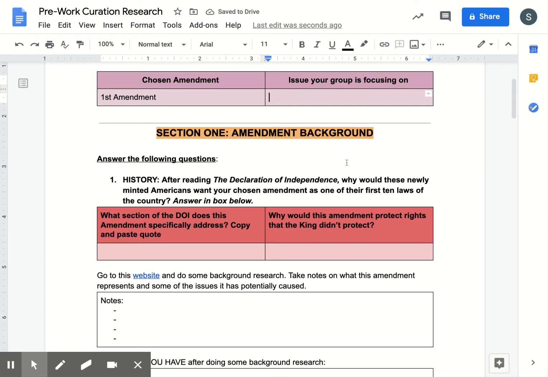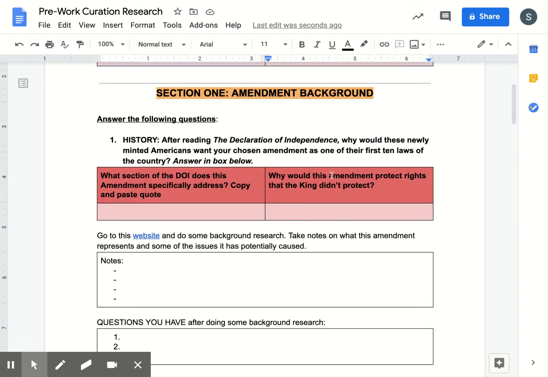Section 1 deals with the amendment background. The first thing that you need to consider is, why was this amendment written? We understand that the Bill of Rights was the first document that established the law in the United States of America, and all of it was in response to how they were treated by Britain.